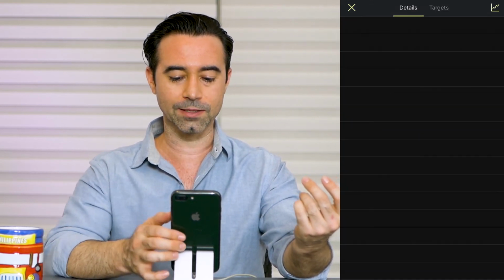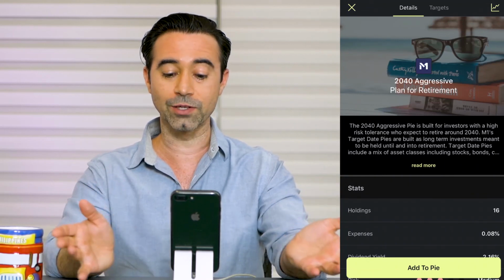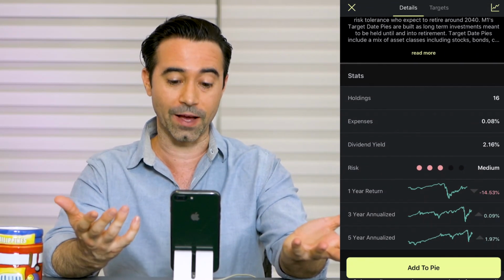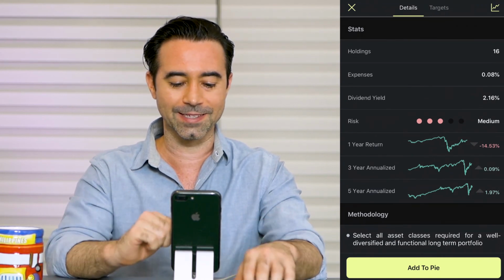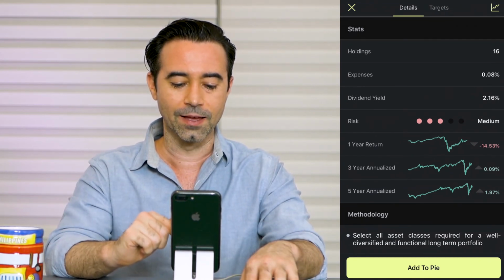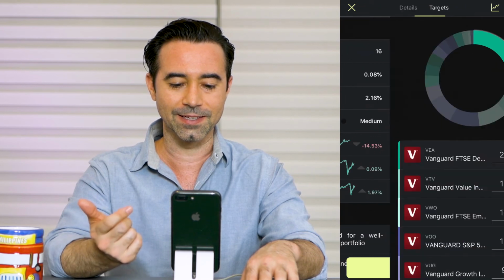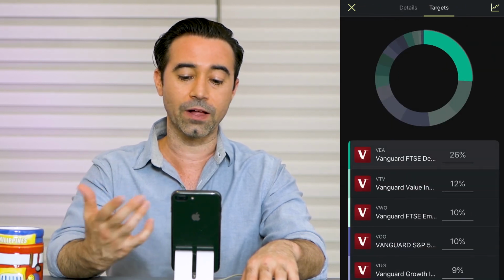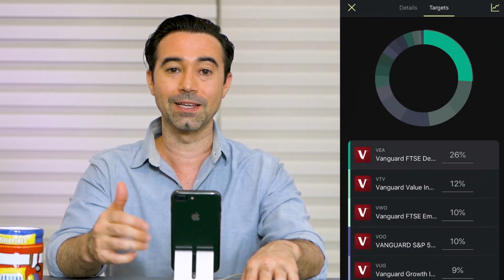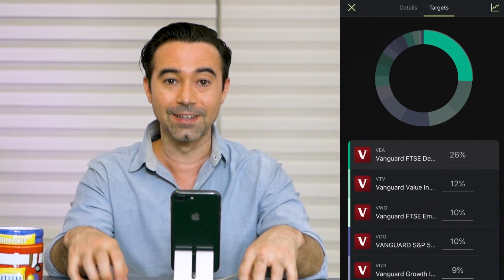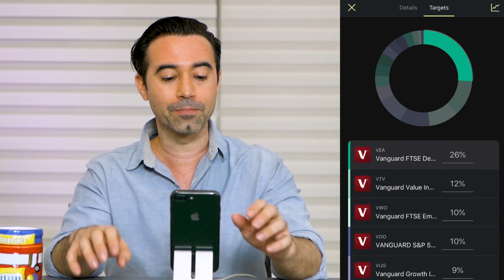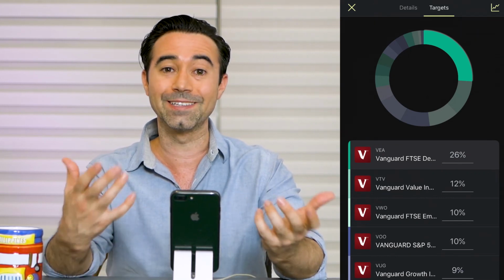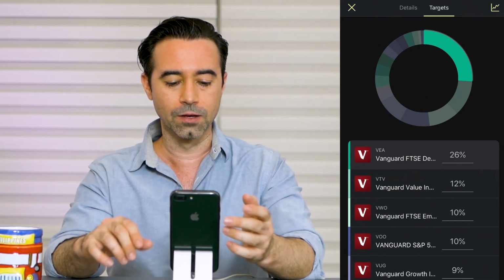It's 16 holdings. We've got everything here. The 1-year return is down 14.53%. Let's hit targets just quickly to see again what this is invested in. As you can see, this is the developed markets ETF, so it's international, not domestic, not companies in the United States, but Canada, Europe, Pacific, in developed markets, okay?